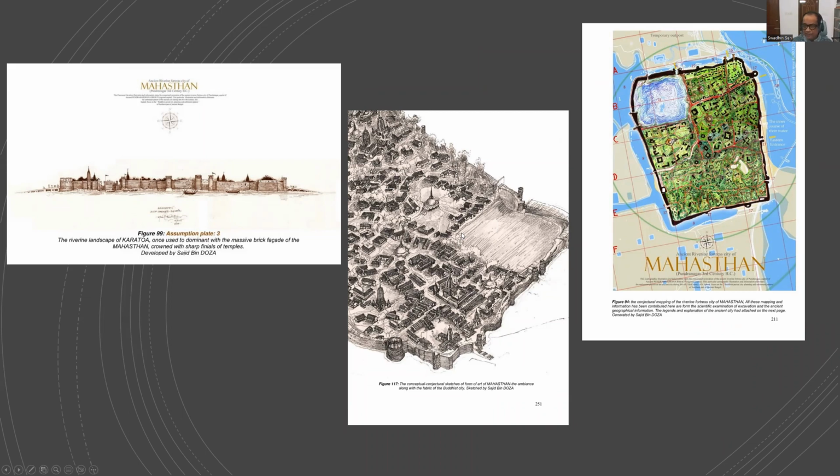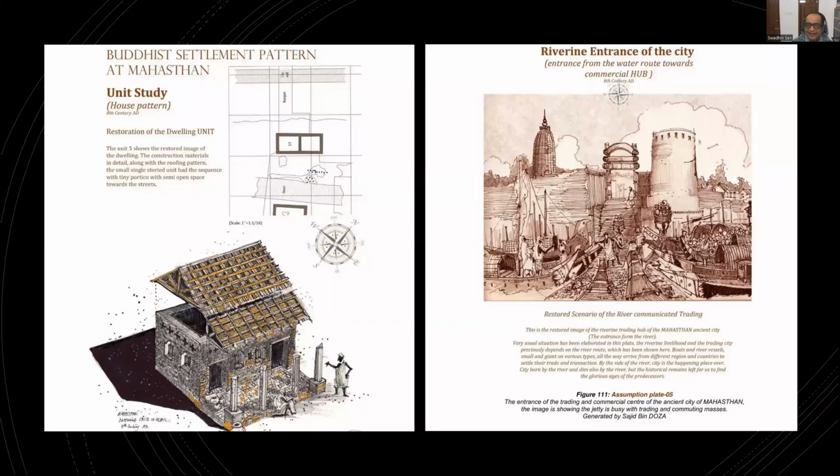some conjectural and conceptual reconstruction of Mahasthan's settlements or building during 8th, 9th century and so on. This is very interesting. From excavated remains, he has tried to assume how the ordinary people's houses were built, the dwelling unit.